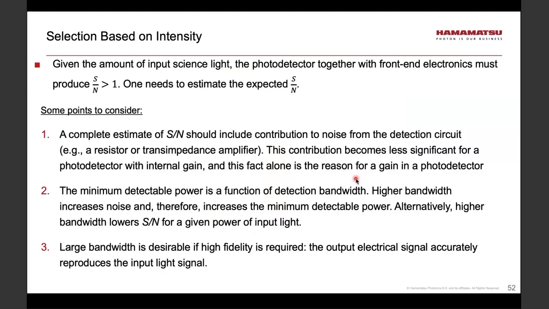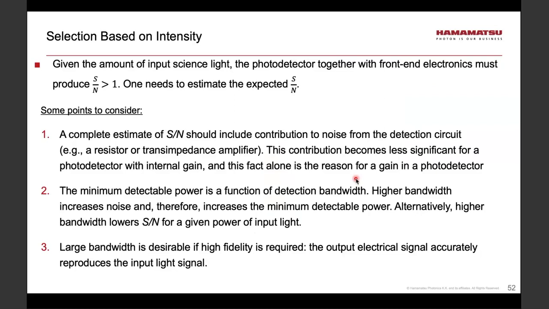Ultimately, we want signal to noise ratio to be greater than 1. So if one can estimate the incident light power, one can then consider the signal to noise ratio that will be yielded by the various photodetectors under consideration.